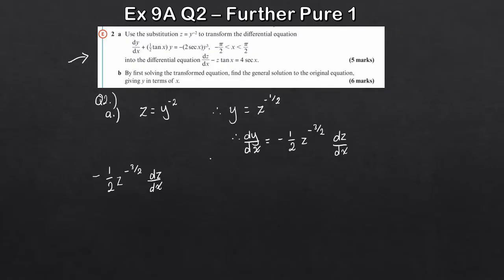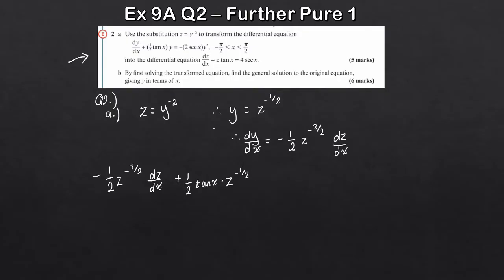So we can't do anything with the tan x over 2, but we're timesing it by y, and we know y is equal to z to the minus a half. So we can write that as plus a half tan x times z to the minus a half, like so, because that's just what y is.